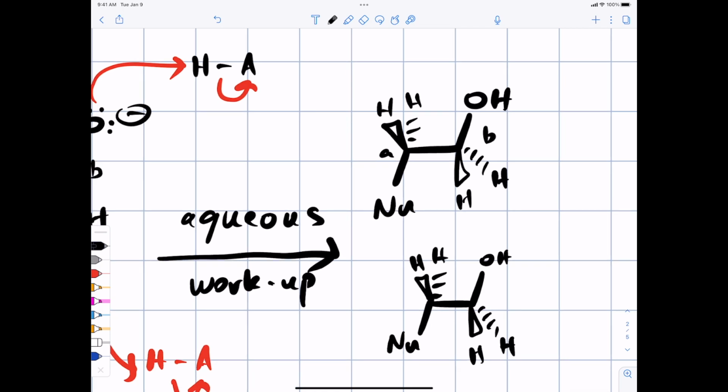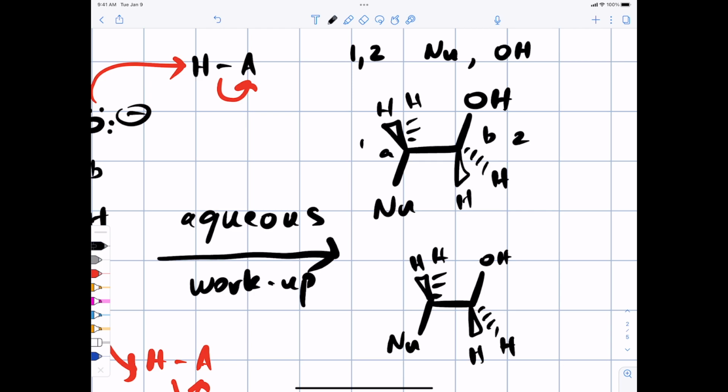The pattern to which I'm referring here is a 1-2 kind of substitution of something that was a nucleophile and then an alcohol. If you see on adjacent carbons, that's the 1-2 part, an OH group and something that could have been a nucleophile, probably you could have made that by opening up an epoxide.